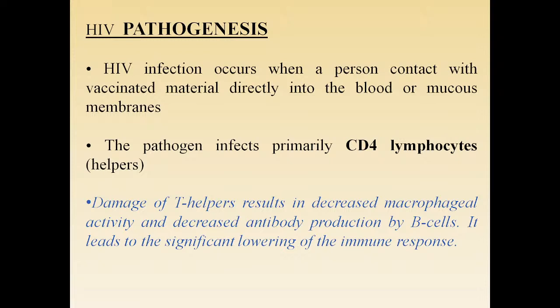About pathogenesis. HIV infection occurs through direct contact of a person with infected material, with infected blood or mucous membranes.